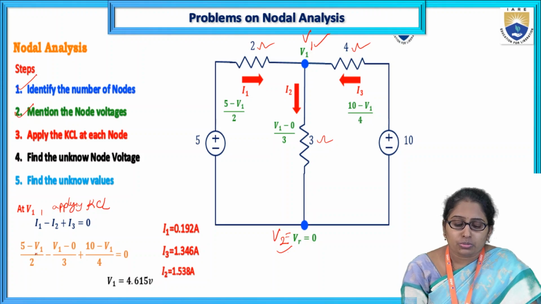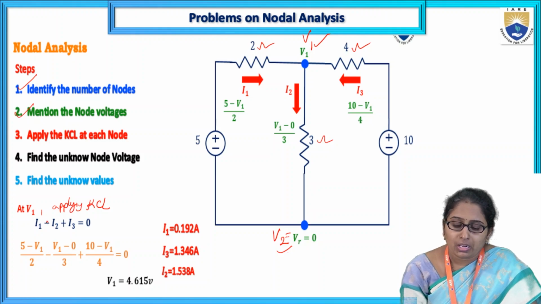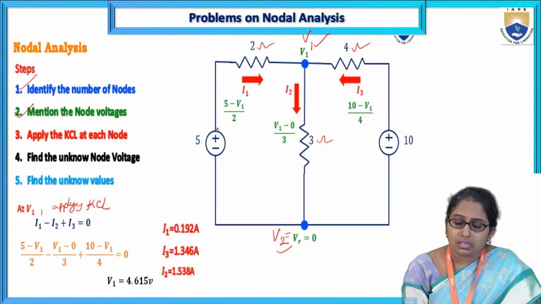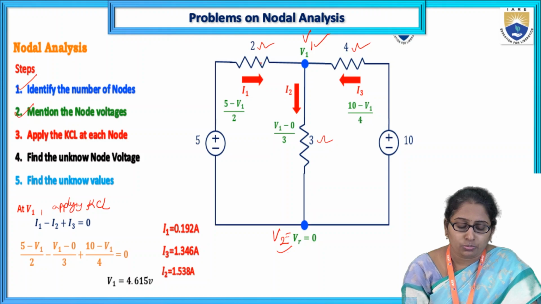Now substitute these currents in terms of the node voltages and the battery EMF. Based on Ohm's law, I1 is given by (5 minus V1) by 2.